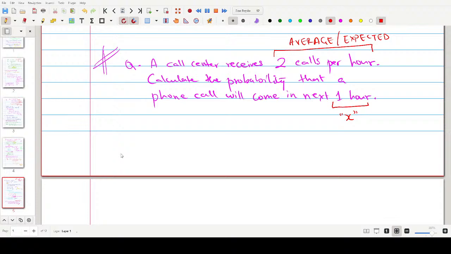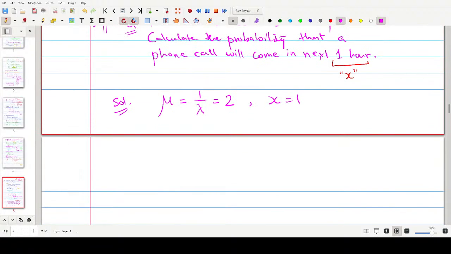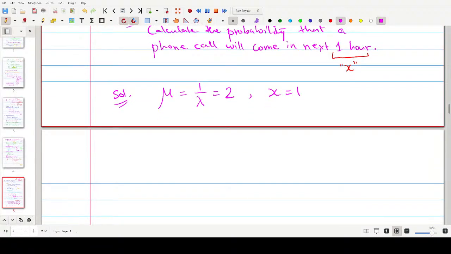Now let's try to solve this problem. Let's look into the variables. So mu is the mean. Mean is 1 by lambda, which is equal to 2, and x is equal to 1. Now, we will see how we can do it.